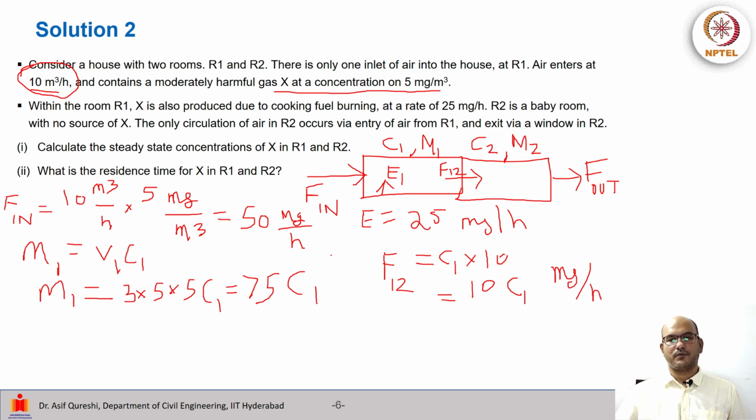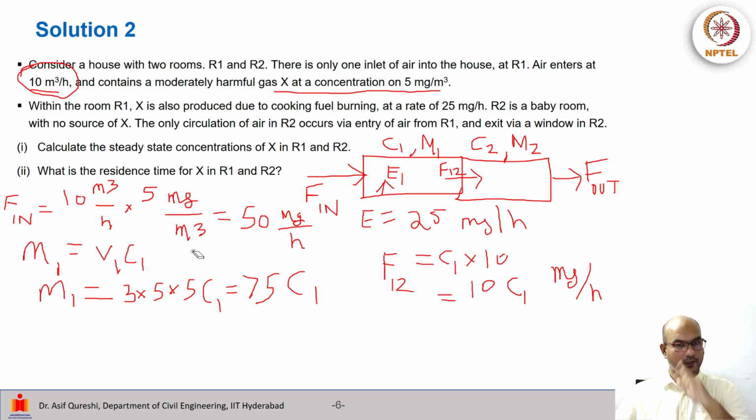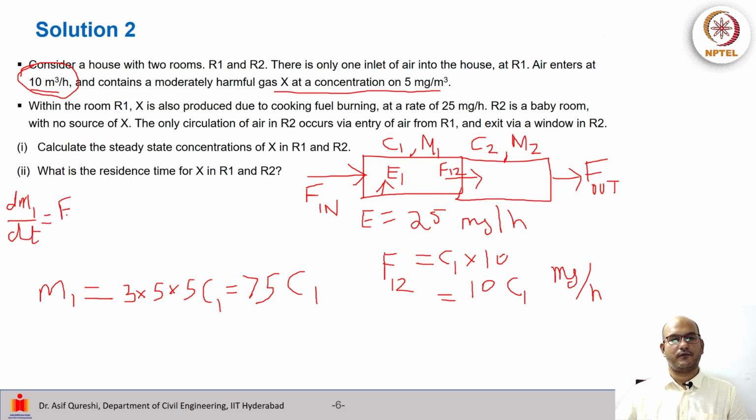So now we are in a situation to write the mass balance for room 1. dm1 by dt equal to F in plus E1 minus F12 actually.